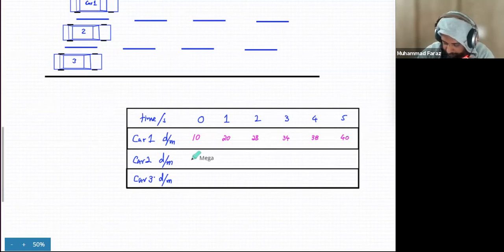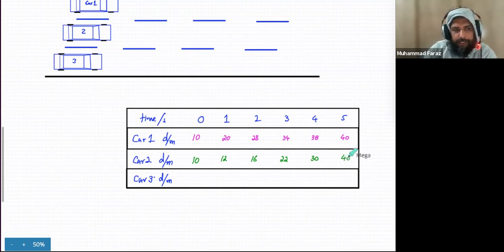Car number two: 10, 12, 16, 22, 30, 40. These are distances in meters measured for the cars from the person who is observing them.